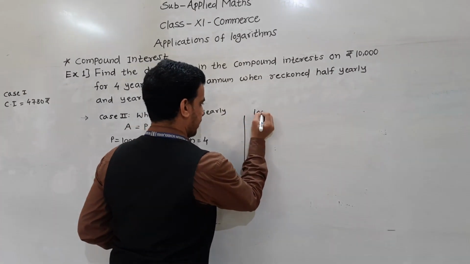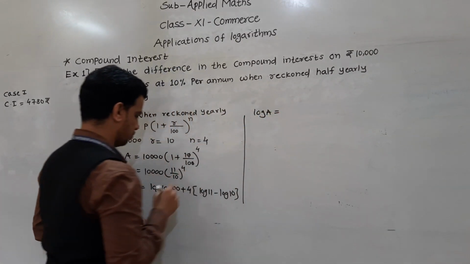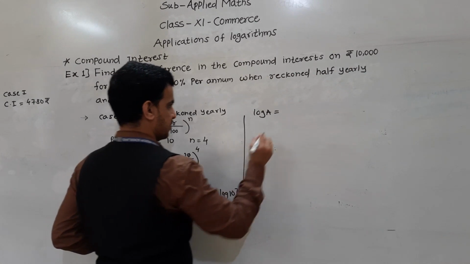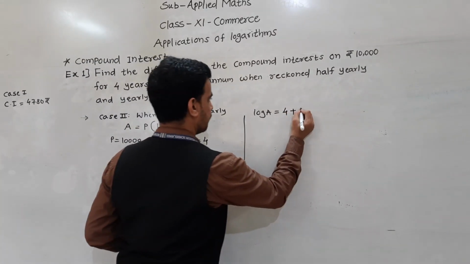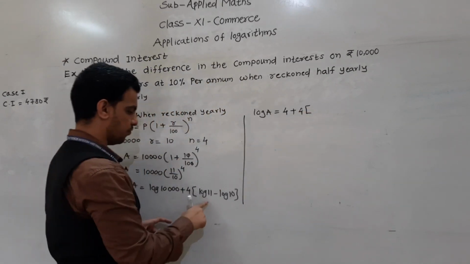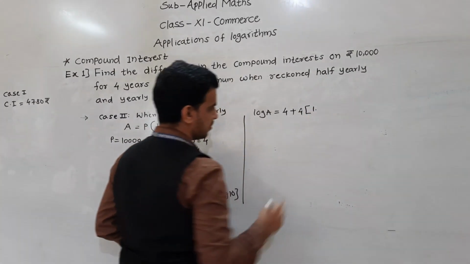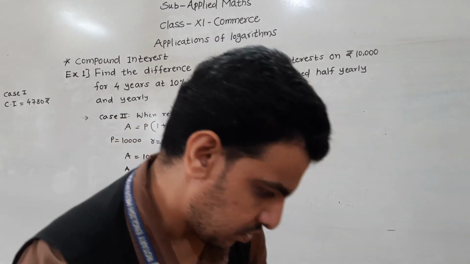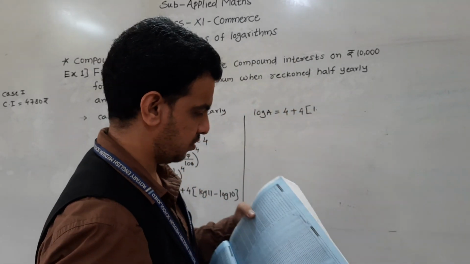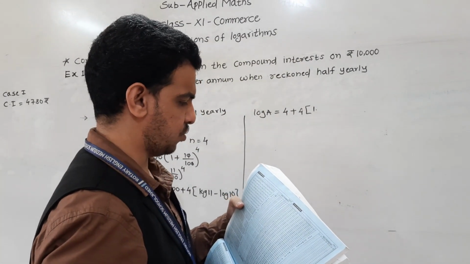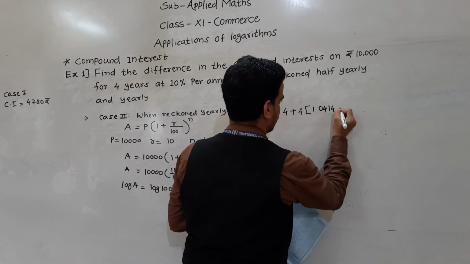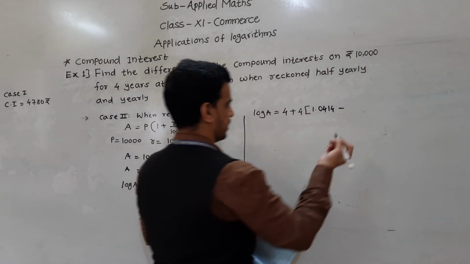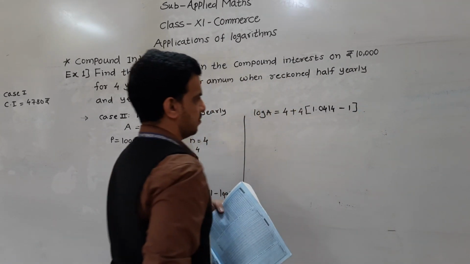Now log of A is equal to log of 10,000, it is 4, plus 4 into log of 11. Characteristic is 1. So in the 11th row it is 0414, so 1.0414 minus log of 10, which is 1 only.